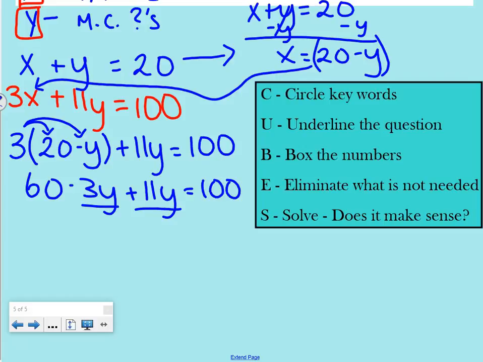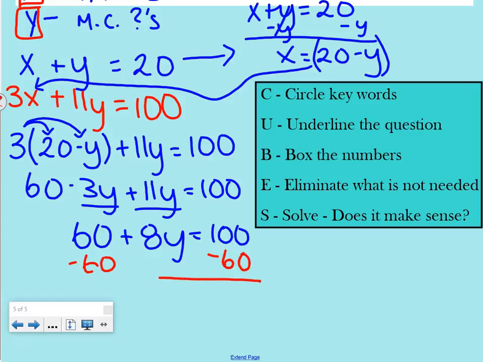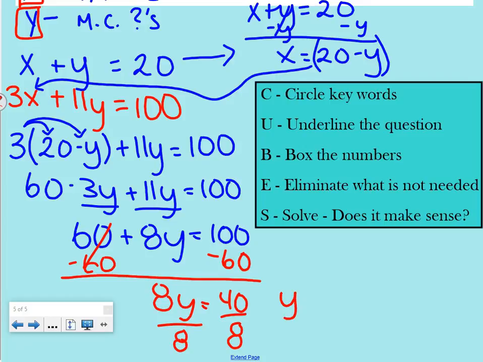Negative 3y plus 11y is 8y. Minus 60 on both sides. 8y equals 40. Divide by 8.